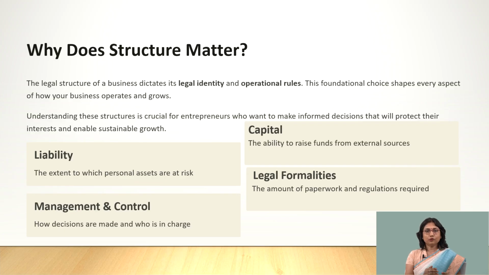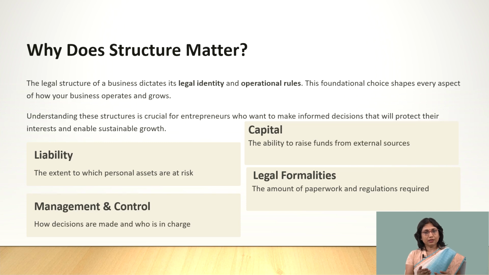capital component also, if the form of organization changes, the flexibility related to capital changes. For example, if it is a sole tradership, every resource is dependent on the entrepreneur himself, and he has limited options to collect capital.